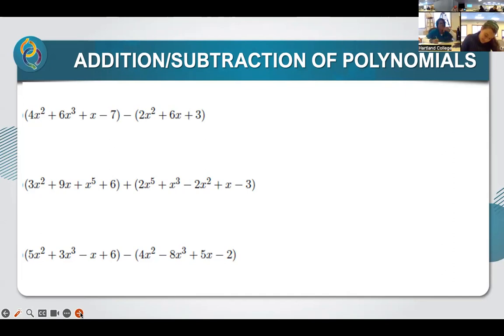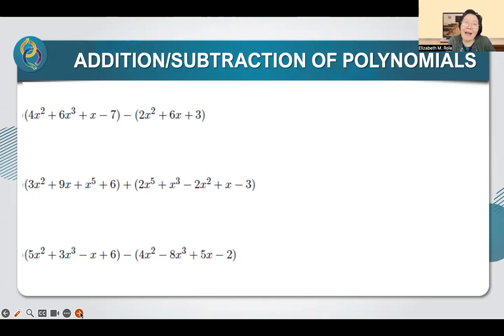This is now subtracting: 4x squared plus 6x cubed plus x minus 7, minus 2x squared plus 6x plus 3. It will be 6x cubed, yes, plus 2x squared, yes, plus 7x.